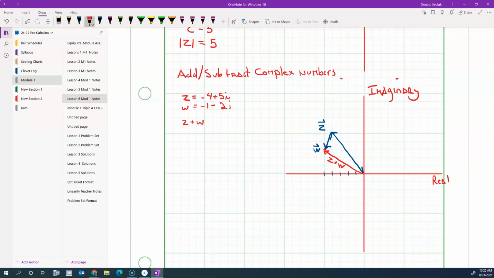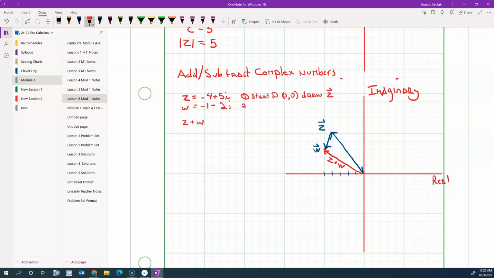So that's how you add vectors geometrically. What we did first was start at the origin and draw vector z.